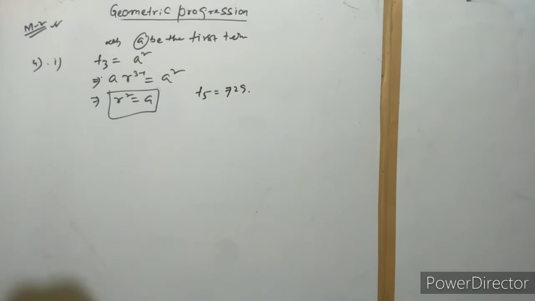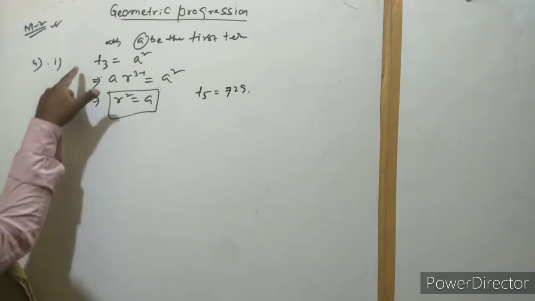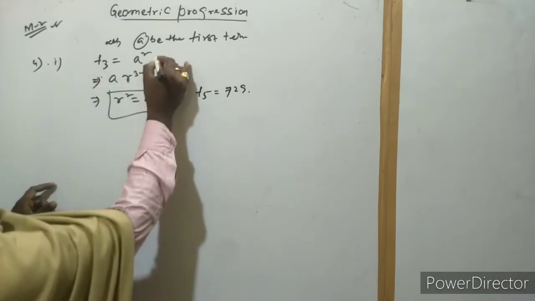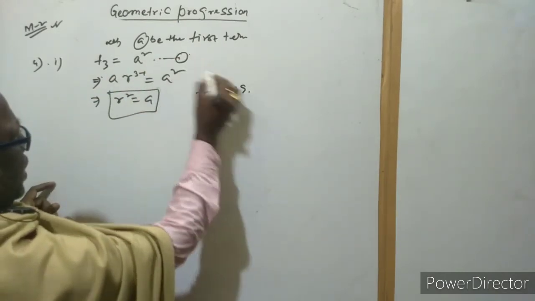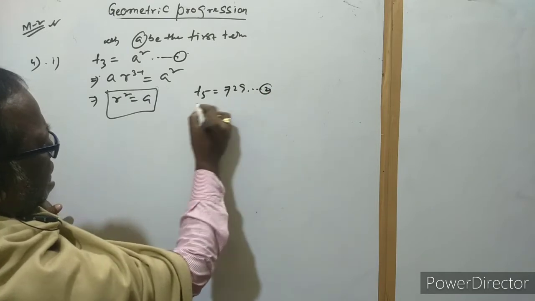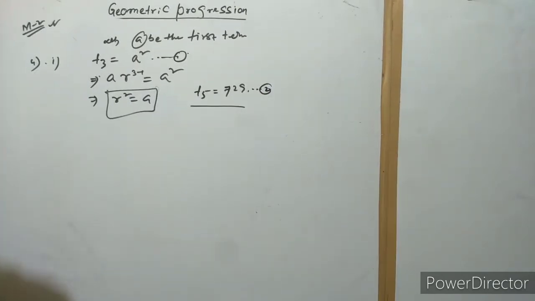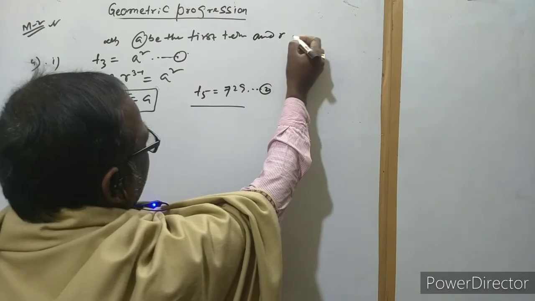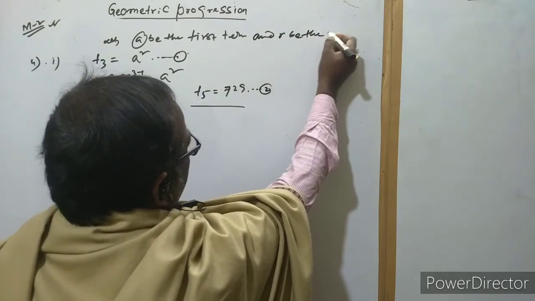Again I repeat the question here. It is given that the third term is the square of the first term. This is case number one. And the second case is that the fifth term is 729. Then find the series. So let us assume A is the first term and R is the common ratio.